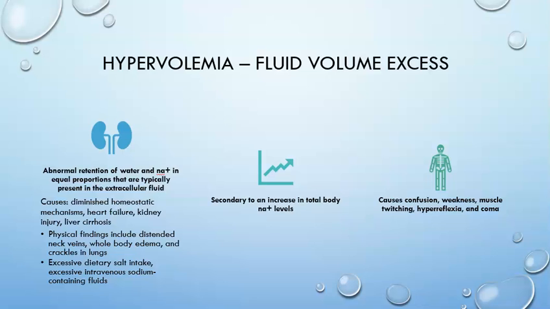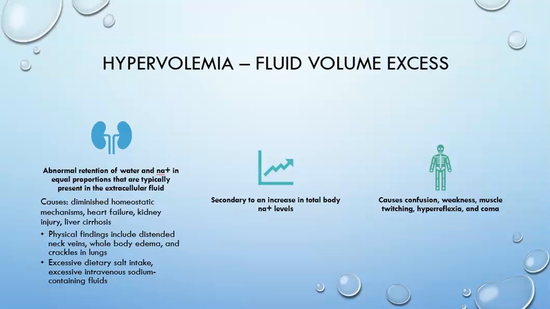These patients will be heart failure patients, kidney injury, or liver cirrhosis. So your kidney patients don't make urine, so the fluid backs up into their extracellular space. Congestive heart failure, our heart isn't pumping correctly, so we have that fluid back up in systemic circulation.